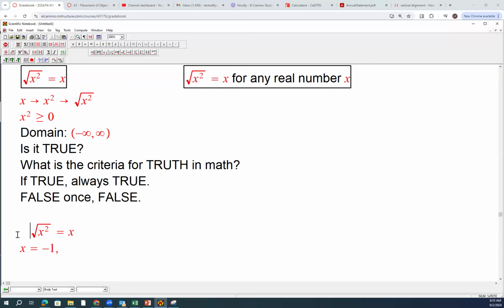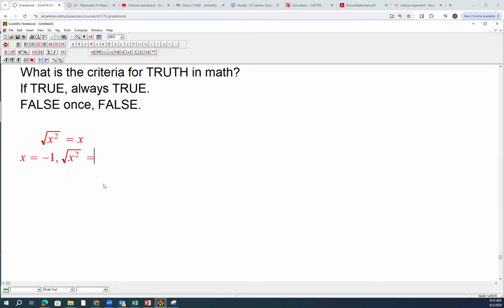Well, x equals -1, the left-hand side would be equal to replacing x by -1. By order of operation, -1 squared is -1 times -1, which equals 1, and the square root of 1 is 1.